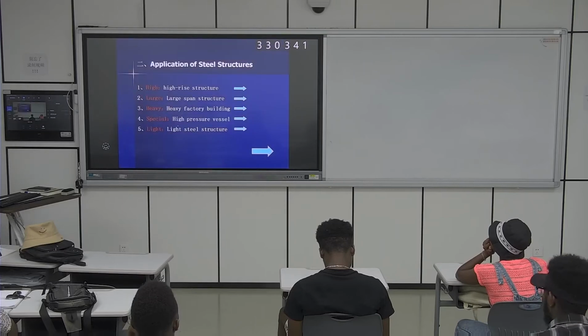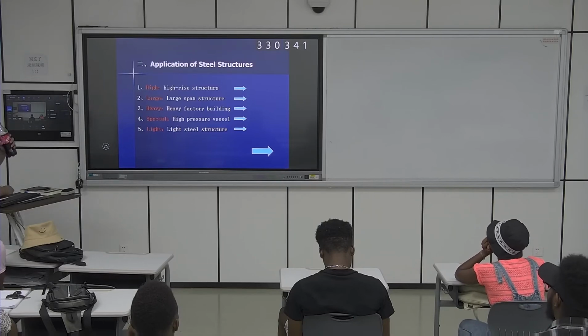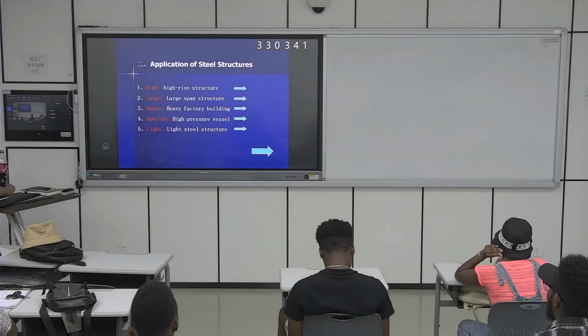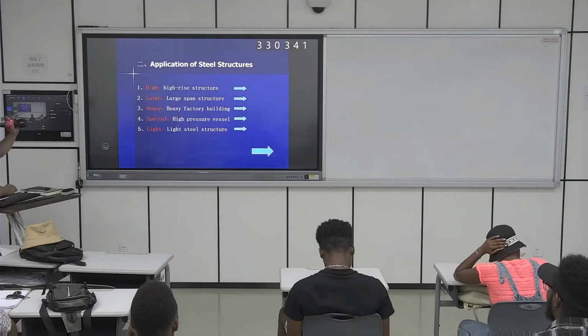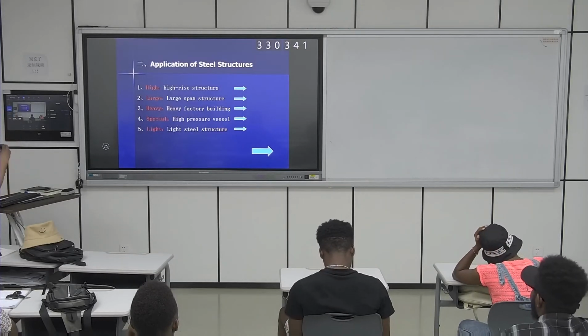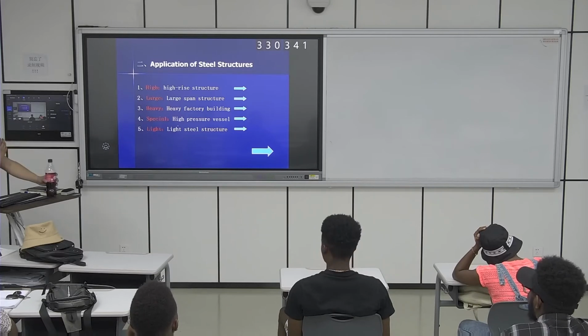And for the application of the steel structure, normally we can summarize five parts: high, large, heavy, special, light. High, large, heavy, special, light. Okay.